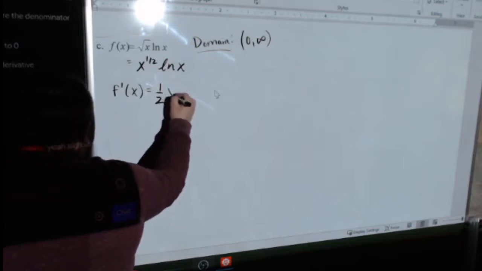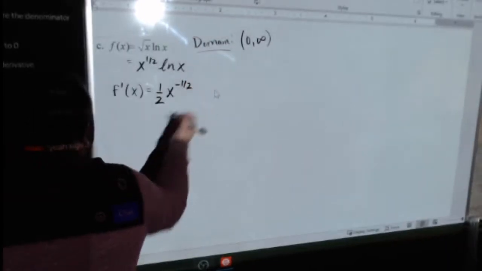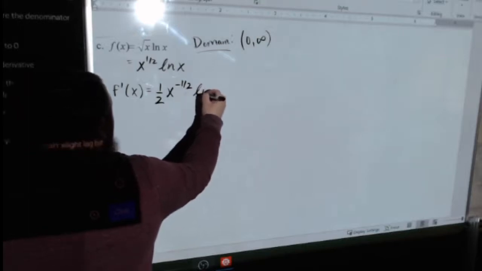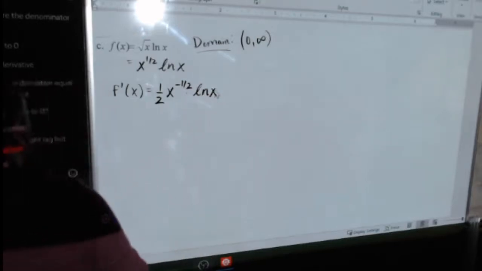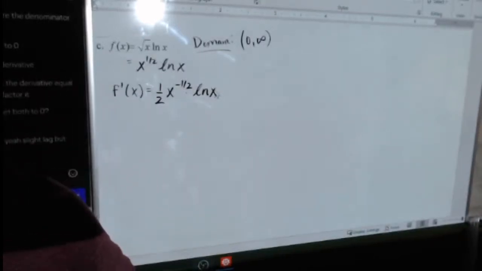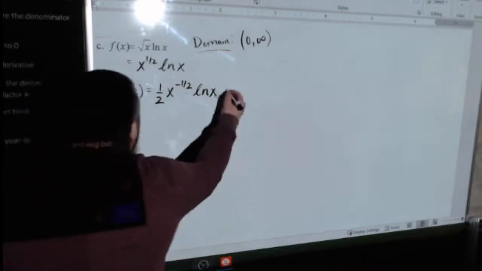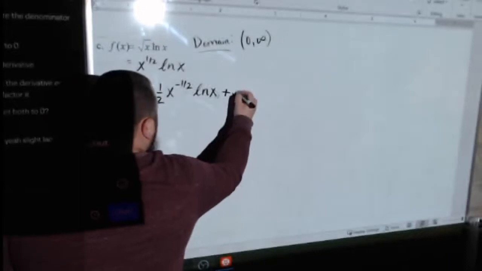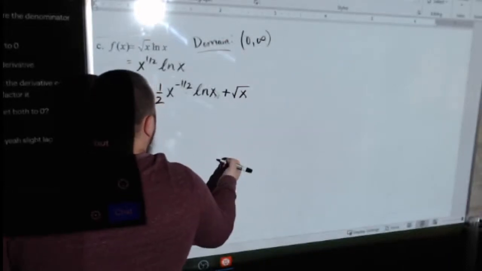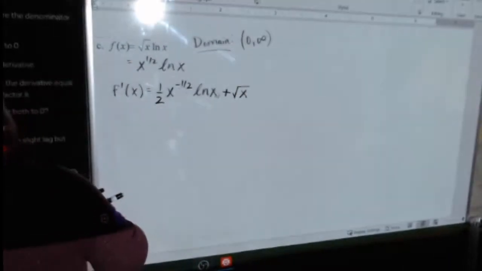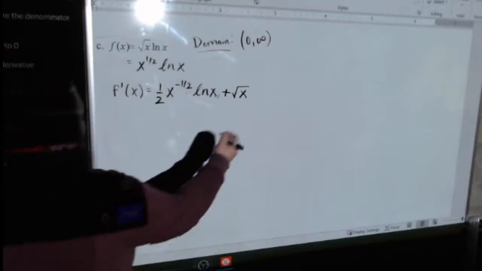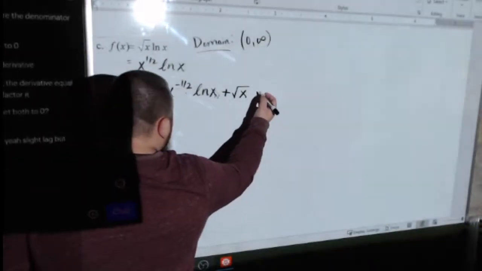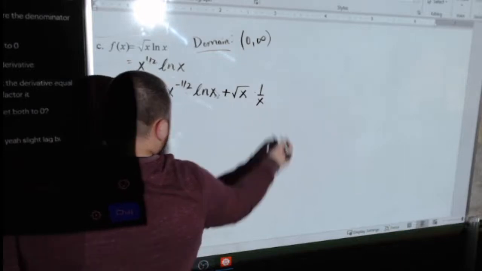That's 1/2 x to the minus 1/2, leaving natural log alone. Then add to that, leave the square root alone, or the x to the 1/2, excuse me, and derivative of natural log of x is 1 over x.